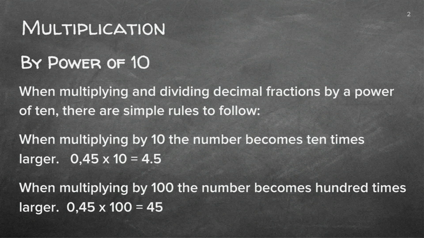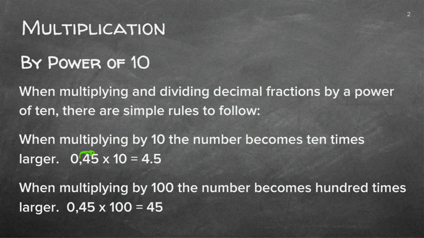First, when you multiply by 10, the number becomes 10 times larger. So, for example, 0.45 times 10, we just move the decimal point 1 time to the right, so it's going to be 4.5.